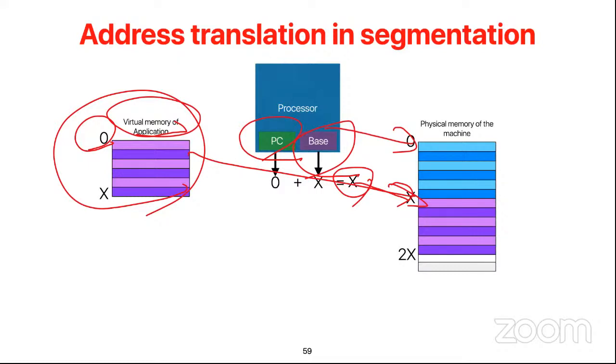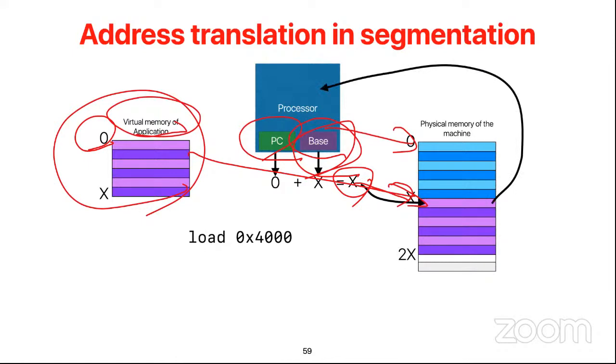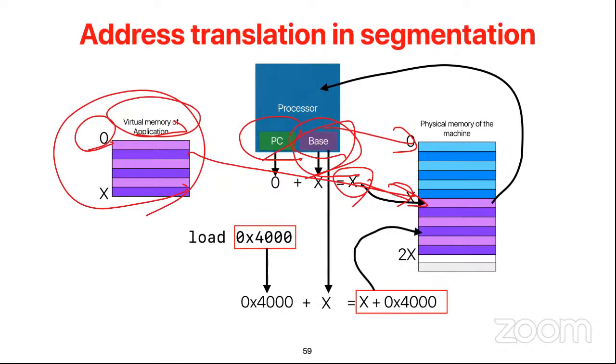So this translation is simple. You only need a base register and the requesting address. If the instruction says I want to load 4,000, that 4,000 will be added to X, the base register, and it will point somewhere within the segment.